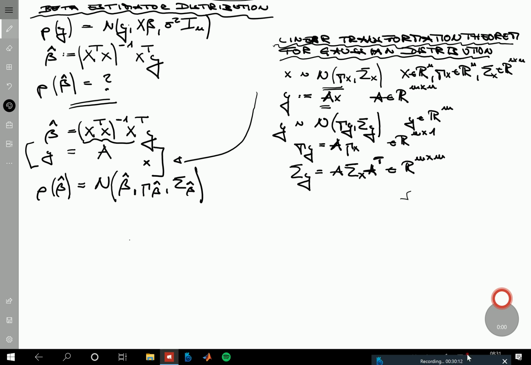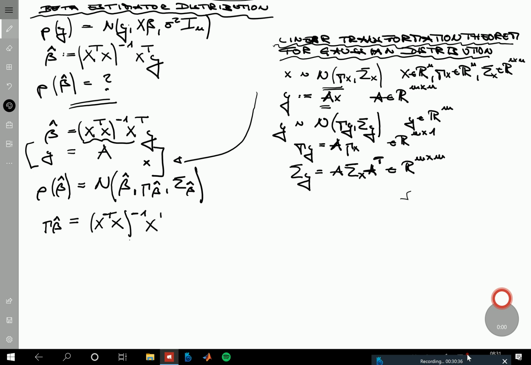So first, if we look at mu beta hat, that should be the matrix R times the expectation of the original vector. So the matrix R is our (X^T X)^-1 X^T.